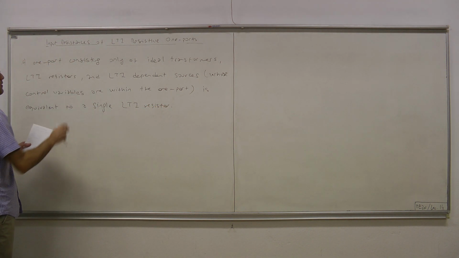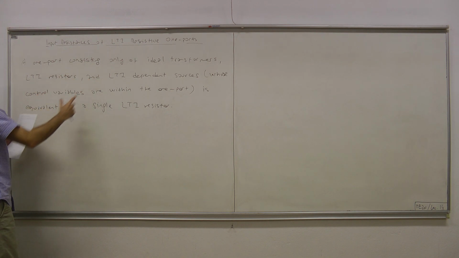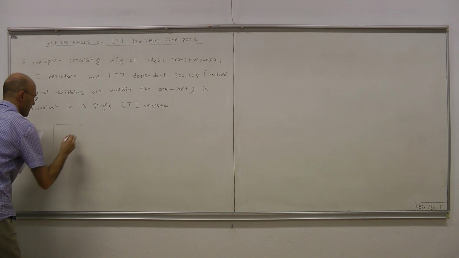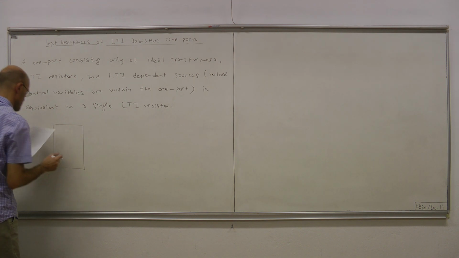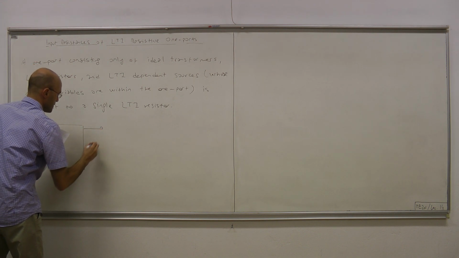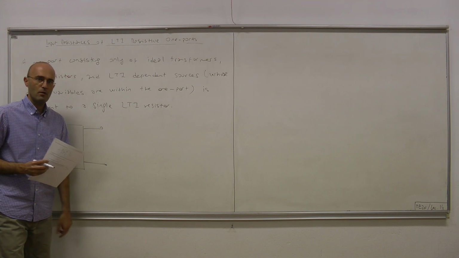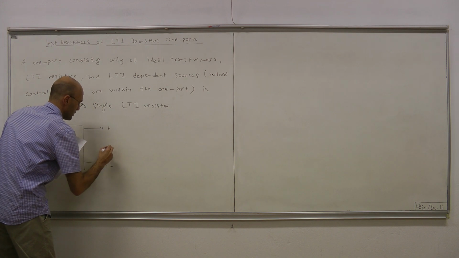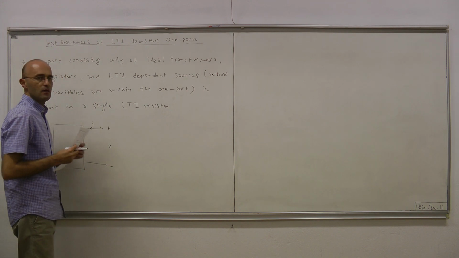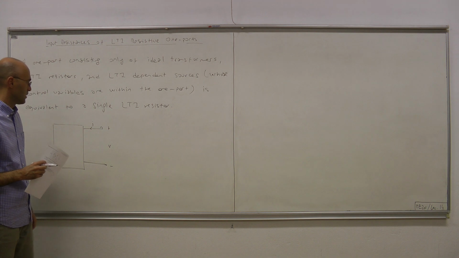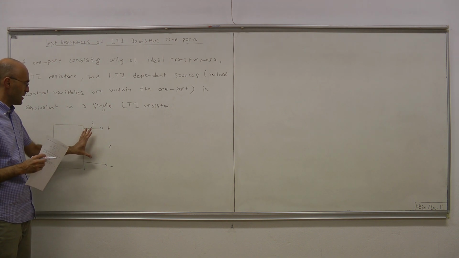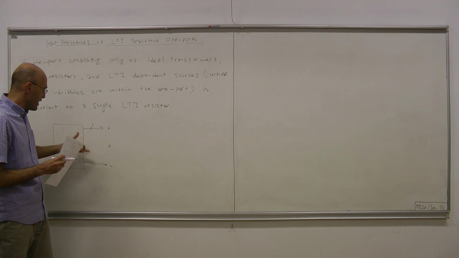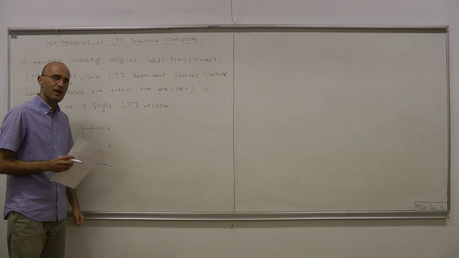So in pictures, the statement here can be expressed as follows. Suppose that this is your one port. And here, this is how we label the port voltage and port current. Since this is the only pair of wires, this is the only way that this circuit communicates with the outside world.